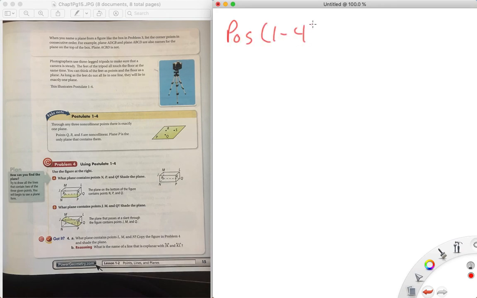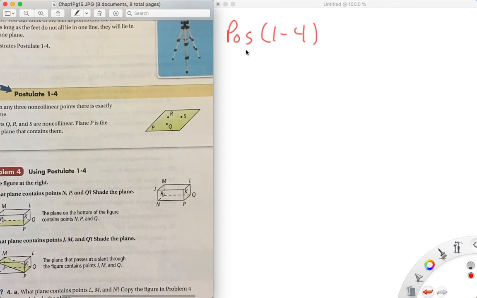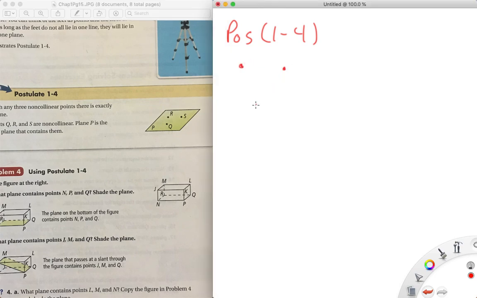Postulate 1.4 says this. If I have a plane, then a plane is comprised of three non-collinear points, or 3 points that are not on the same line. And we talked about this earlier. If they were on the same line, then that would make it a line. Well, a line only goes in one direction, while a plane goes in two directions.